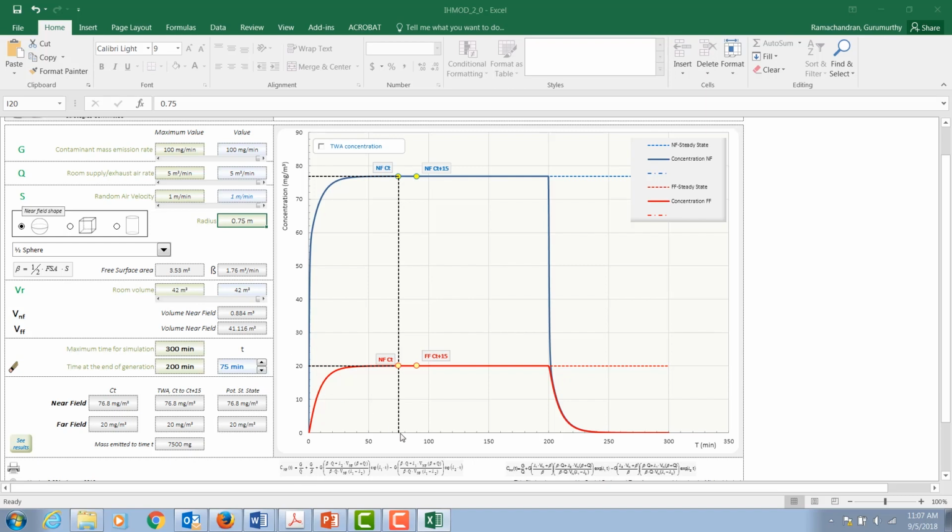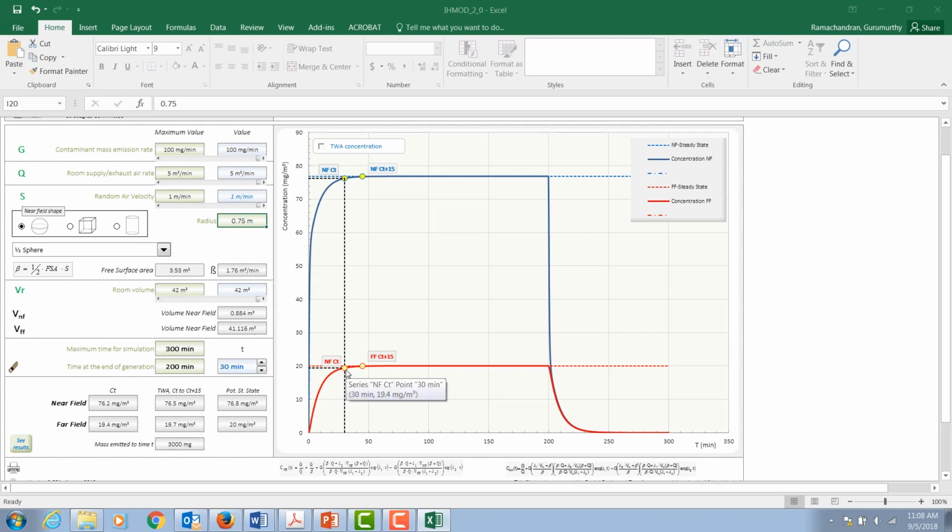So here right now the cursor is at 75 minutes, but we can change that value to whatever we want, and we can read the exact value. So here the cursor is at 30 minutes, and we can find the value of the near field concentration and the far field concentration at t equal to 30 minutes.